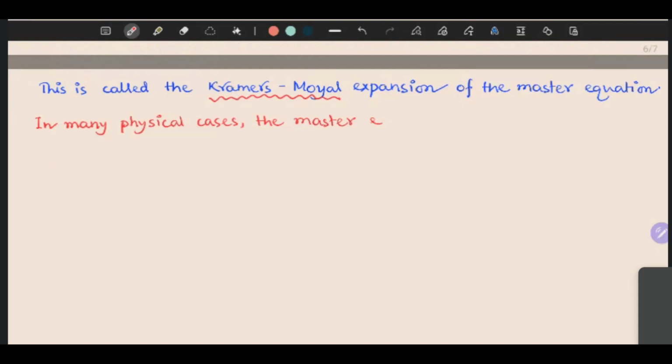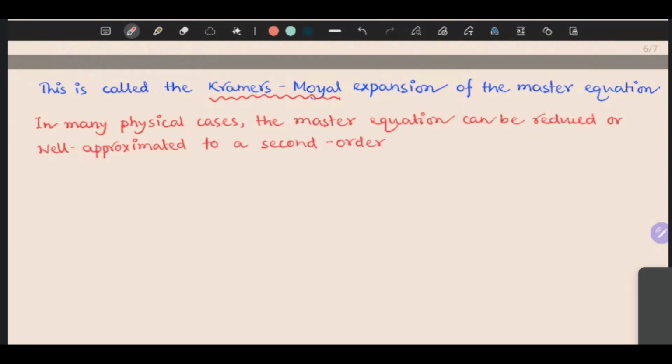So in many physical cases, the master equation can be reduced or well approximated to a second order differential equation.